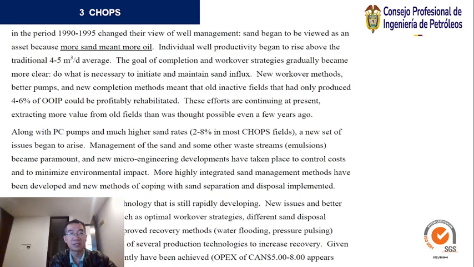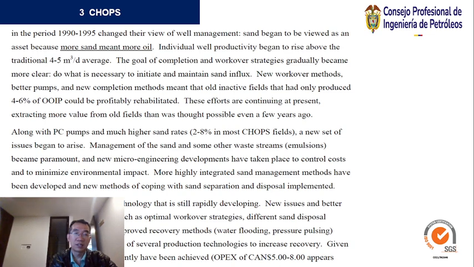New workover methods, better pumps, and new completion methods mean that old inactive fields that had only produced 4 to 6% of OOIP could be profitably rehabilitated. These efforts are continuing at present, extracting more value from old fields than was thought possible even a few years ago.